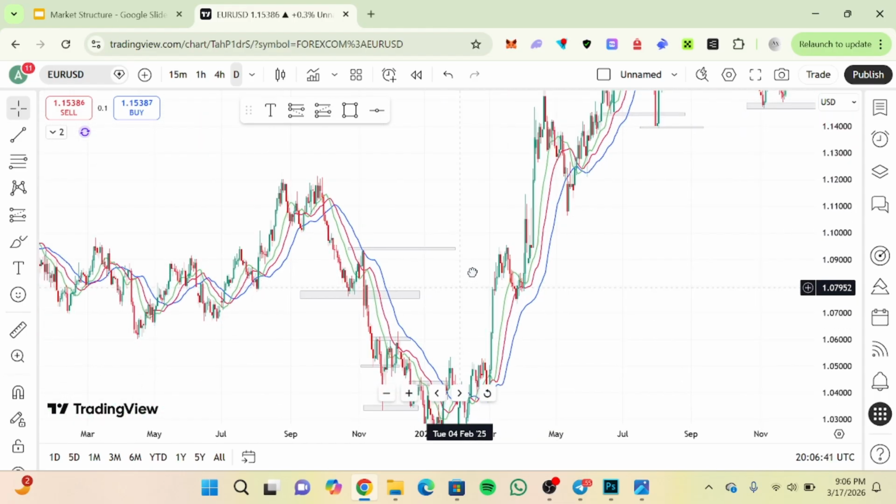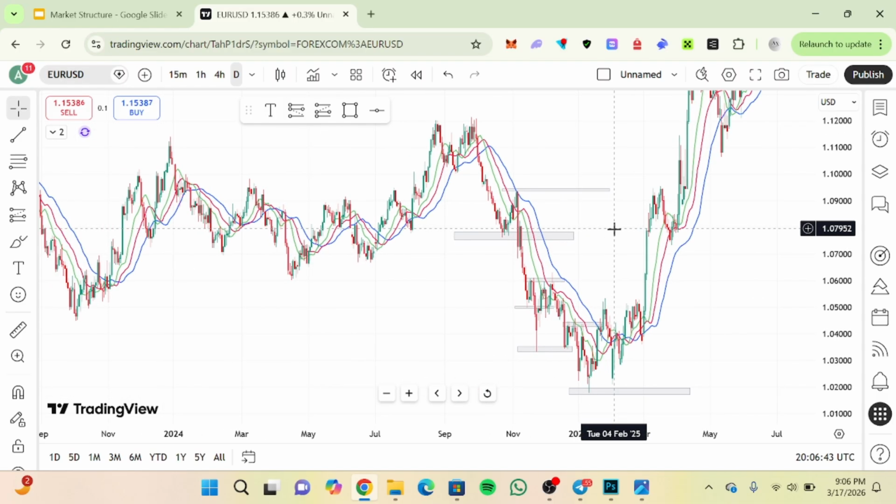Now, like I said, if you don't understand, just go back to the illustrations, look at the drawings, study them, and bring that knowledge back to the real life charts, and you might understand better what I'm saying.